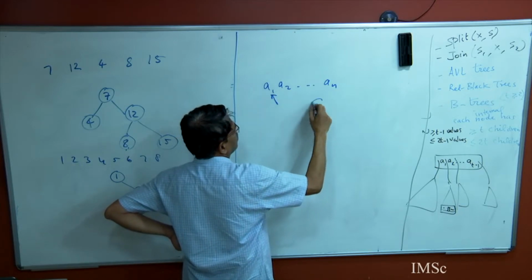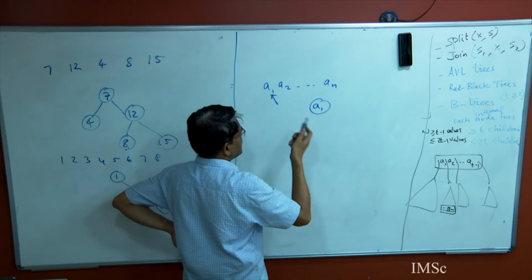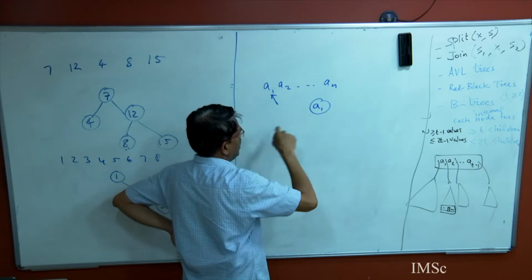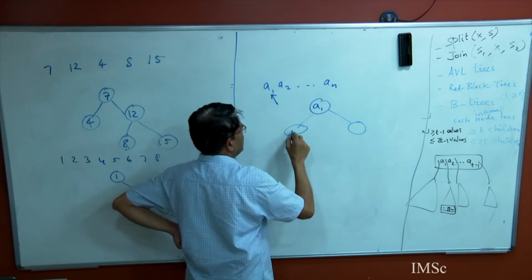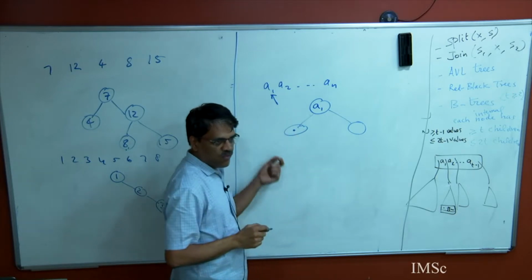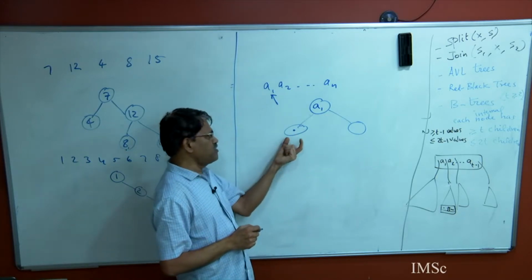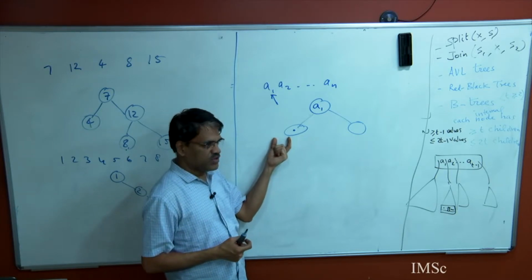So a1 will go here, and maybe somewhere else some other root comes here. So how many will compare with this element? Which insertions will compare with the root of the left subtree of a1?